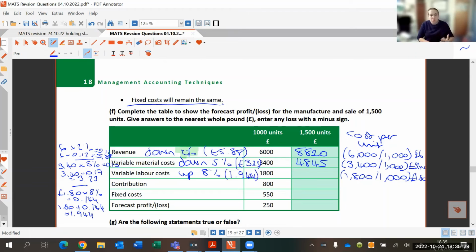We want to keep it very much rounding at the very end whenever we're doing any costing data. We'll multiply that by the 1,500 units, which gets us a nice round figure of 2,916. But you can see that if I'd rounded that down, if I just did 1.94 times the 1,500, I would be £6 out, which, although it isn't a lot of money, we need to make sure we're getting it right.